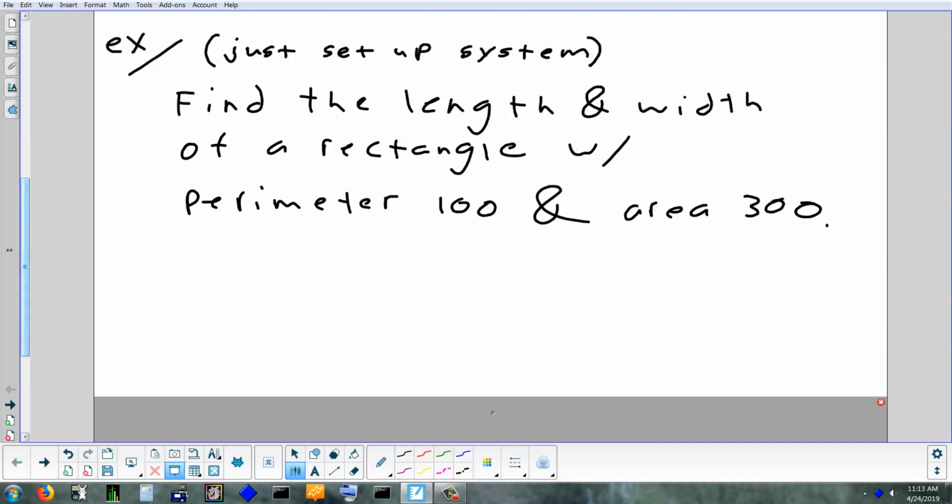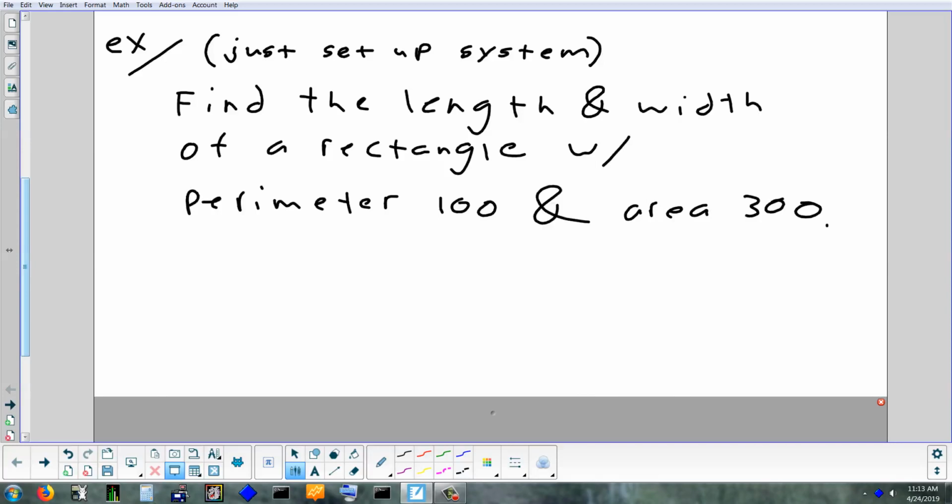Now, sometimes you have to just figure out your equations from scratch. When you're doing a geometry problem involving areas and perimeters or volumes, you don't really have to start from scratch. As long as you know the formulas for the shape you're dealing with, you can use that as a starting point. So we're dealing with a rectangle.